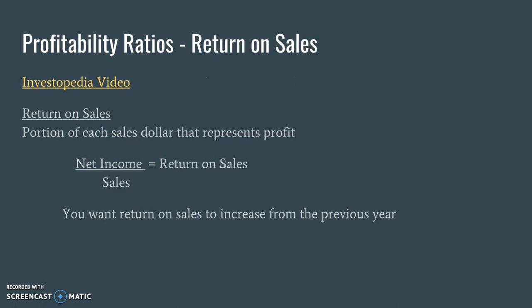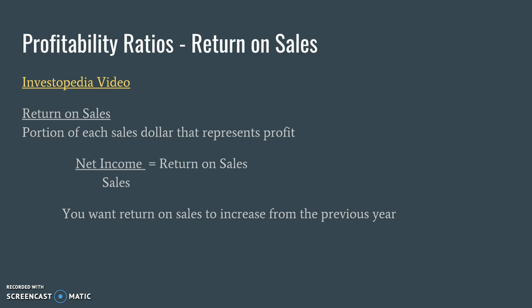One of the profitability ratios is return on sales. Now, when we get to class next time we meet, we are going to watch the Investopedia video in class, and that's going to help us in determining one of the profitability ratios known as return on sales.